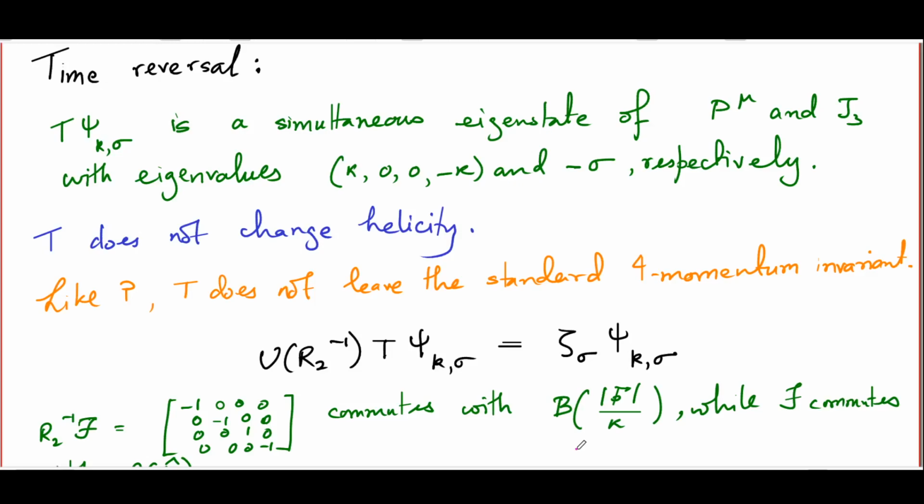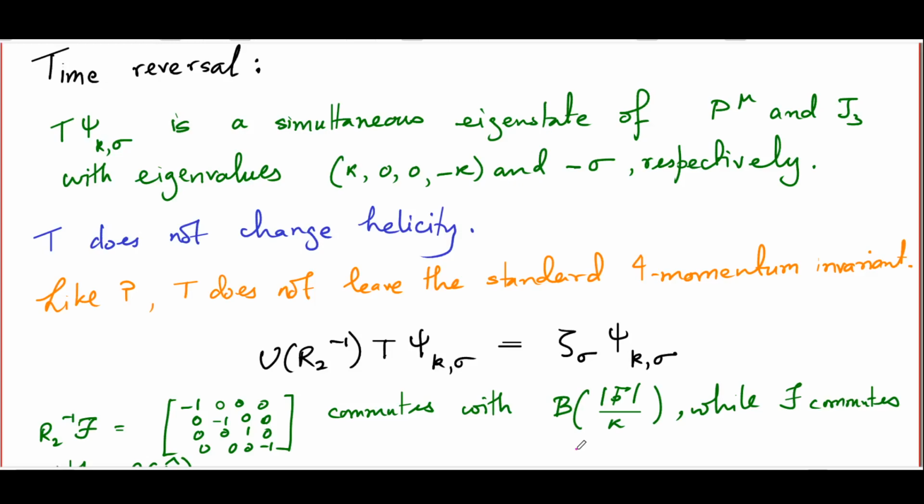The corresponding eigenvalues of p mu are kappa, 0, 0, minus kappa, and for time reversal, sigma also changes to minus sigma. Note that the time reversal operation does not change helicity. So, just because something is time reversal symmetric does not connect a state with positive helicity with a state with negative helicity. It's only parity which does that.